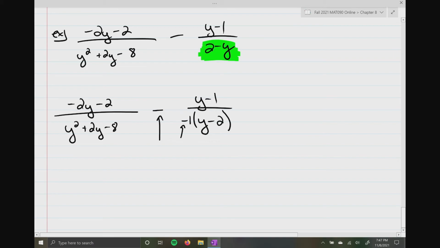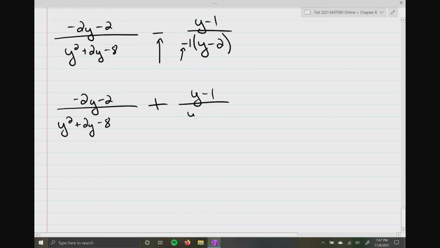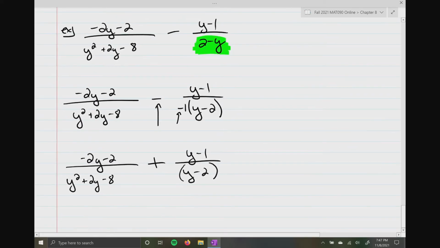So because of that, I'm going to rewrite the problem just one more time as negative 2y minus 2 over y squared plus 2y minus 8 plus y minus 1 over the quantity y minus 2. So what we had to do before we did anything was rewrite stuff and factor out a negative 1.